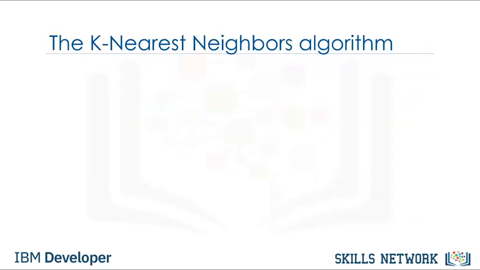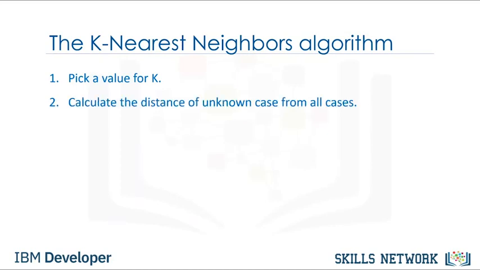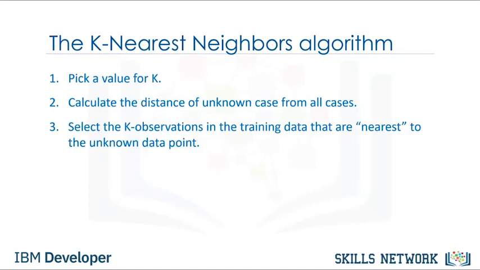In a classification problem, the k-nearest neighbors algorithm works as follows. 1. Pick a value for k. 2. Calculate the distance from the new case held out from each of the cases in the dataset. 3. Search for the k observations in the training data that are nearest to the measurements of the unknown data point.